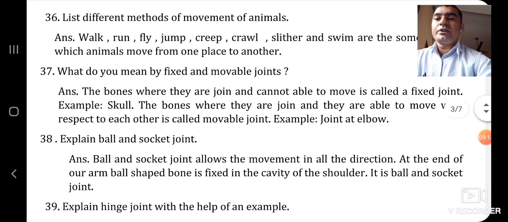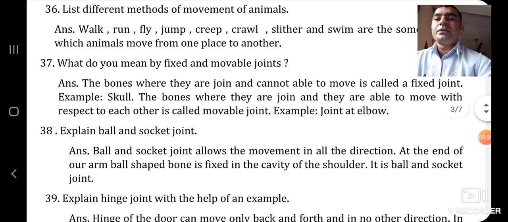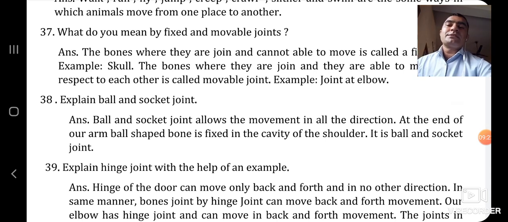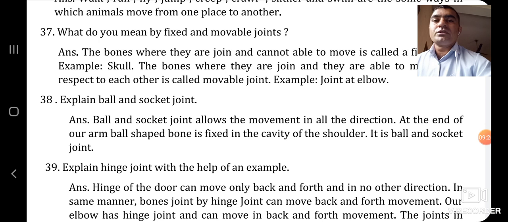Now explain hinge joint with the help of an example. So hinge works on the principle of the hinge of a door. Hinge of the door can move only back and forth and in no other direction. In the same manner, bones joined by hinge joint can move back and forth.